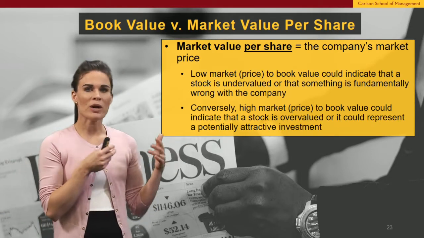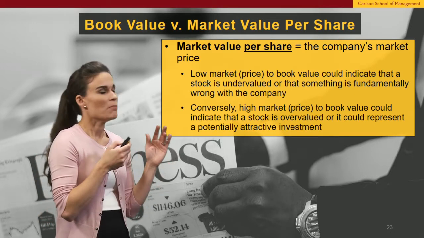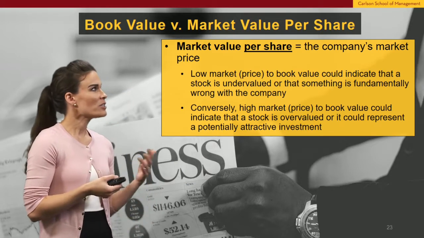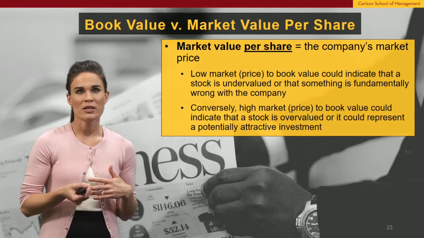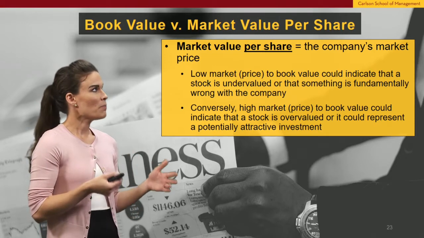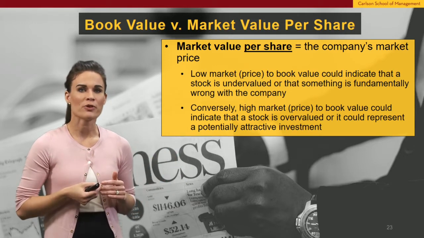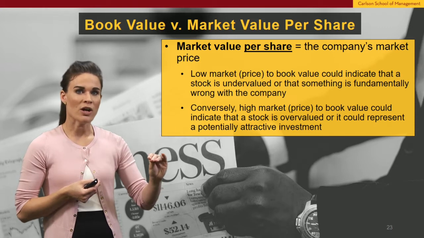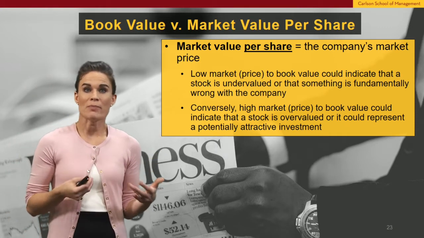So an investor will want to look at what's the value of my market value compared to my book value, and investors can look at that to see if a company might be over or undervalued. So for example, if a company has a low market price to book value per share, so the level of their market capitalization to the level of their book value of their equity, if that's low, it could represent a market opportunity.